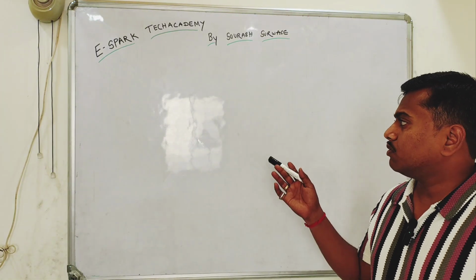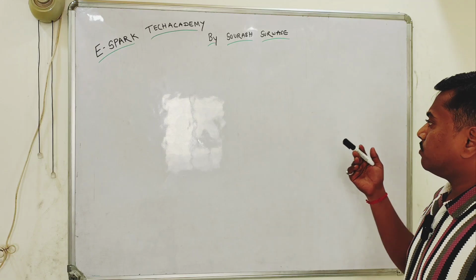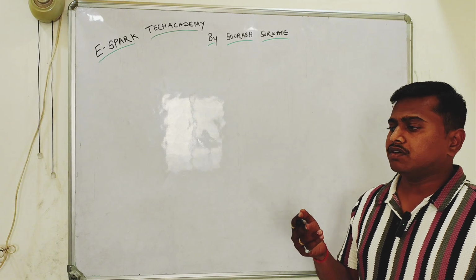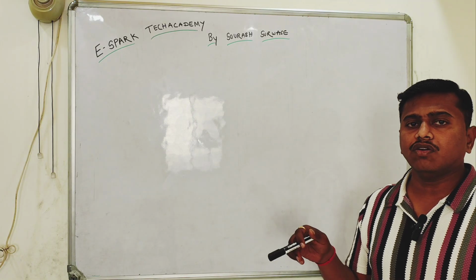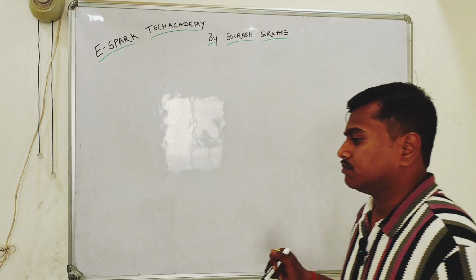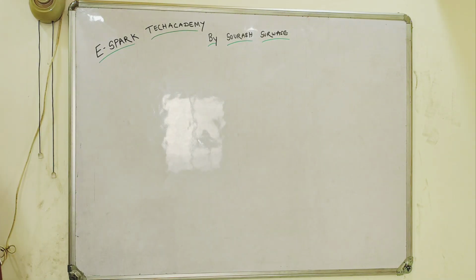Now I will solve one example and parallelly I will tell you what the Thevenin's and Norton's theorem actually is. Let's go.